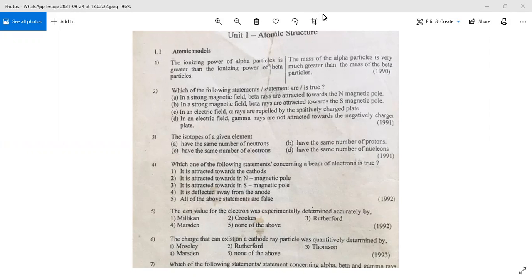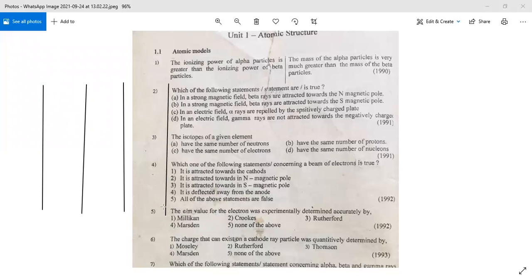So let's discuss the comparison. This is the first exam point you need. Alpha, beta, gamma.